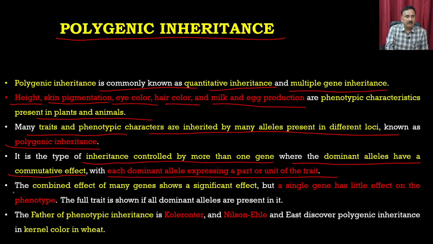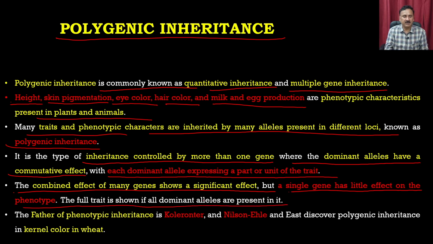Every gene produces one product, and when multiple genes come together, the mixture of these products gives you the color of the skin. The combined effect of these genes is significant, but a single gene may have little effect on the phenotype. The father of polygenic inheritance is called Kölreuter, and East discovered polygenic inheritance.